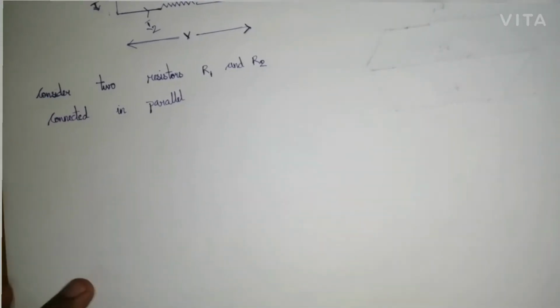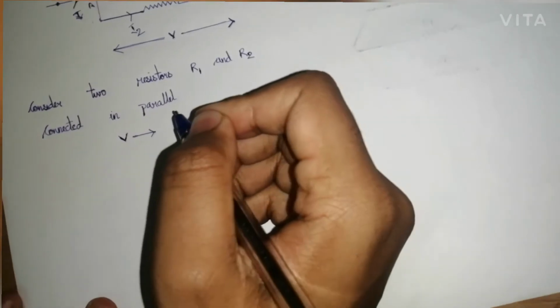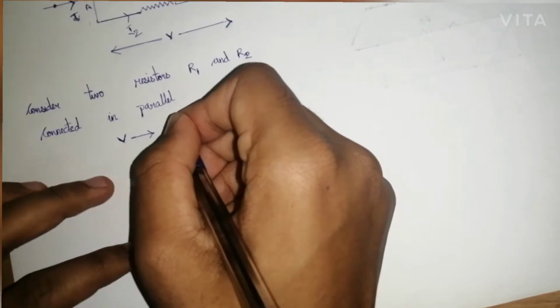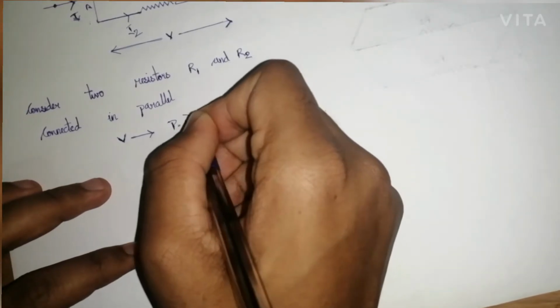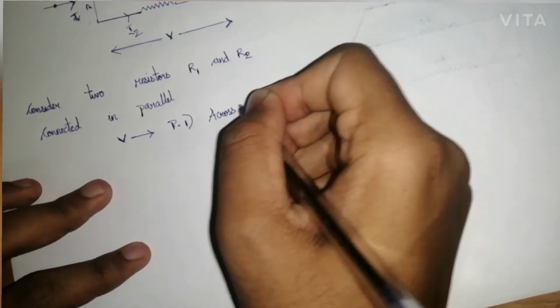V will be the potential difference across this combination.